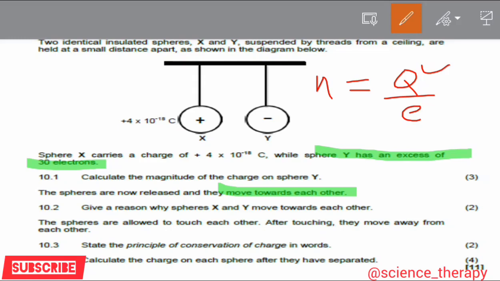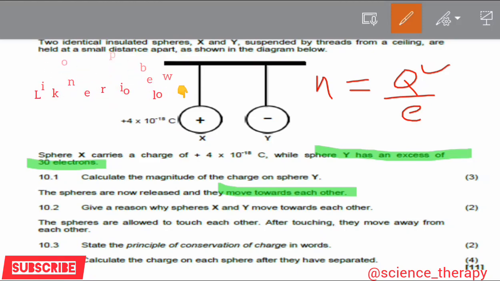When you go back to our content lesson, the video that I posted, if you haven't seen it yet, on electrostatics, check that video, and I've already explained everything to do with electrostatics.